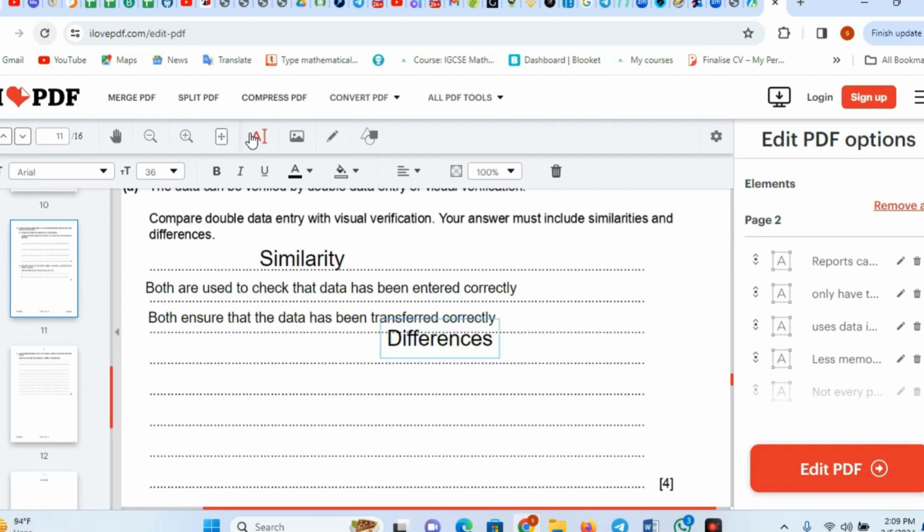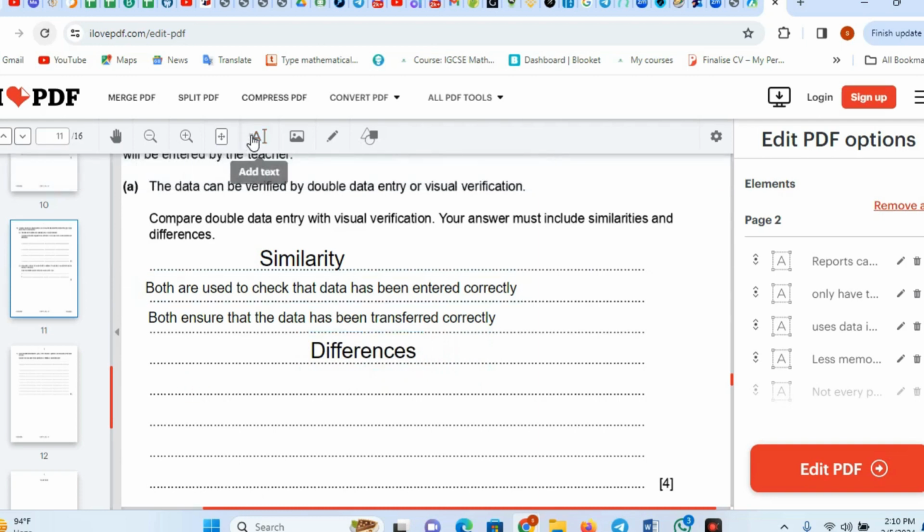In visual verification, the user compares the data, while in double data entry, the computer compares the data. That's the difference. We are going to join these two together. We are not going to list them one after the other. So I will maximize my space and join the two together.